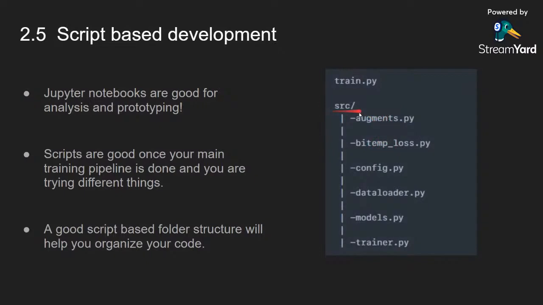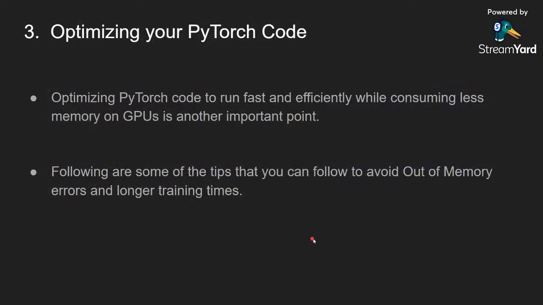In the source folder, you have a file for augmentations, the loss, config folder, data loader, models, and trainer file, as I specified before. A good folder structure like that will help you organize your code, and it will make your entire process a lot easier. Now let's get to the optimizing PyTorch code part.